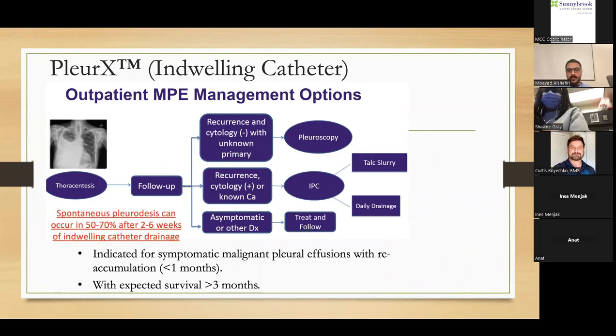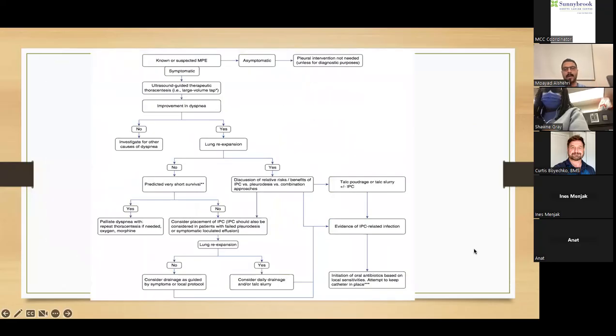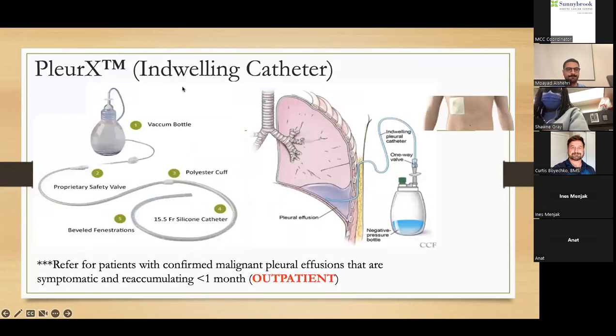Spontaneous pleurodesis, because I was just talking about talc, sometimes we do IPC plus talc, so there is spontaneous pleurodesis that can happen in about 50 to 70% post IPC placement. In 2 to 6 weeks, some people take more than that, but maybe half of patients might have pleurodesis on their own. This is the same thing we were talking about, but in more detail.